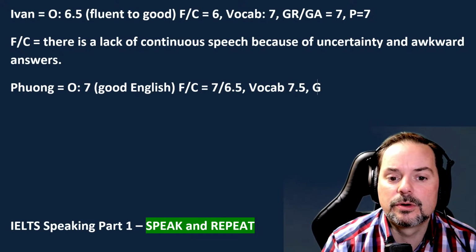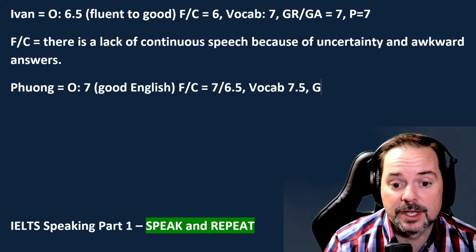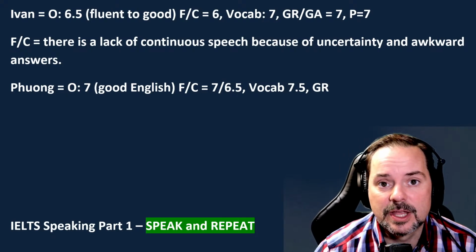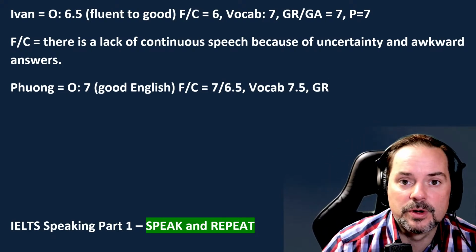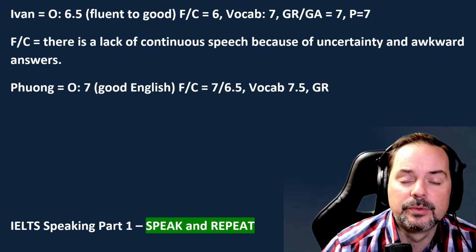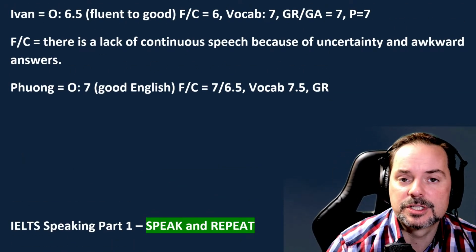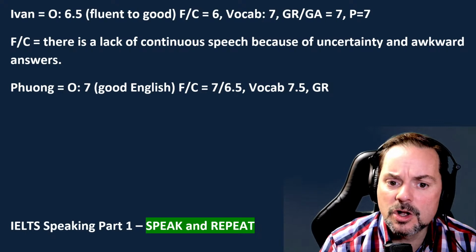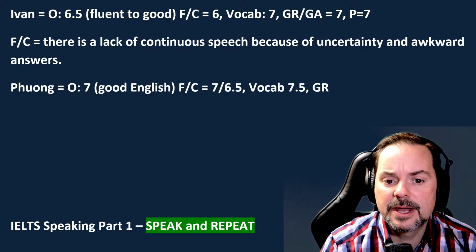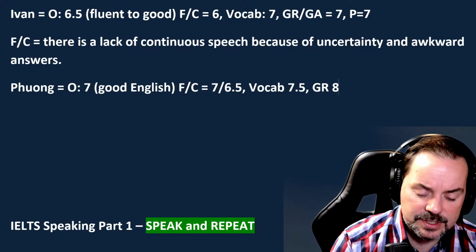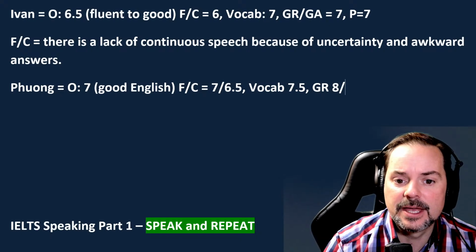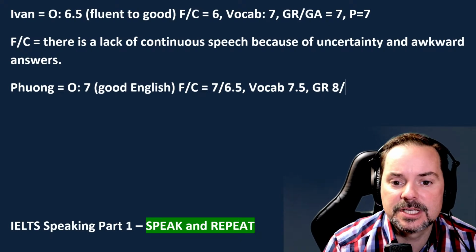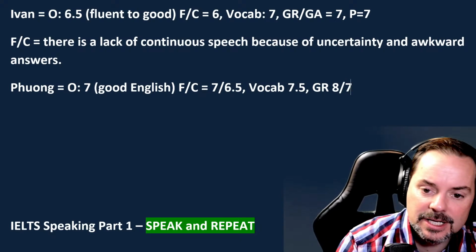And then your grammatical range was quite good. You used some complex language there, like although my phone has good battery life, I don't really like playing games. So there were some really nice complex sentence structures there. So grammatical range, I would say, was like an 8. And then your grammatical accuracy was about a 7.